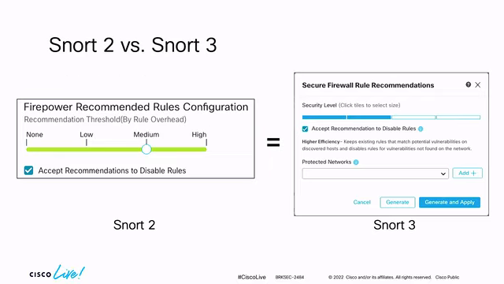Okay, so I want to compare, if you're familiar at all with Snort 2 recommendations, what that looks like in Snort 3. So in Snort 2, again, we have this overhead. So we have low, medium, high overhead. So overhead equals policy. And that's true in Snort 2 as well. So when I say that the medium overhead is the same as the balanced rule set, it really is.